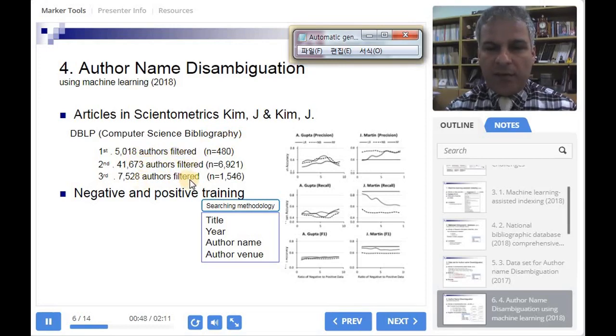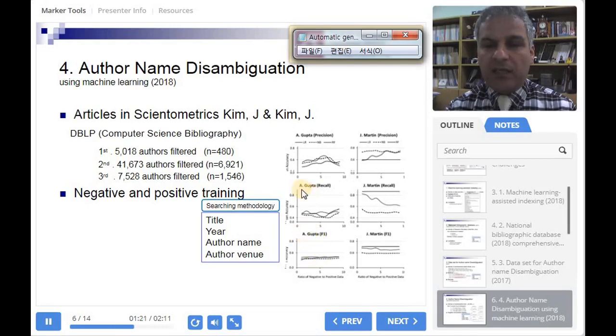As you see in the image, it's a positive curve and a negative curve. When we mix positive training and negative training, we have an overlap line, and if the distance of the overlap line is less, then the disambiguity of the name is less too.